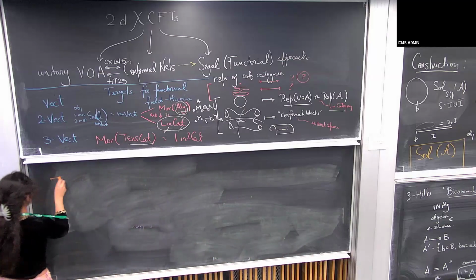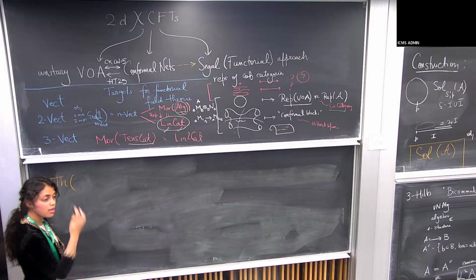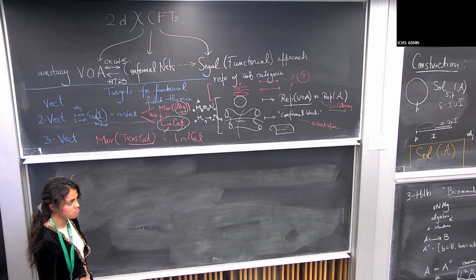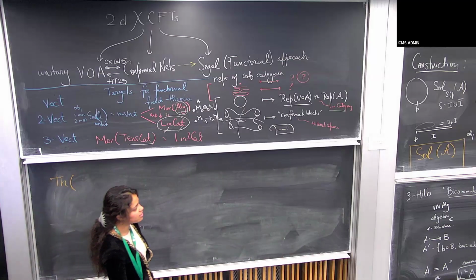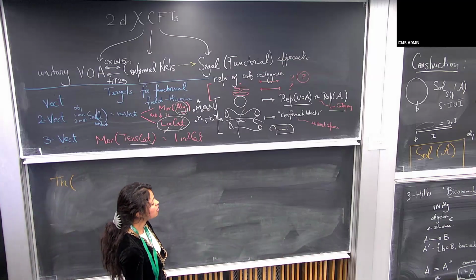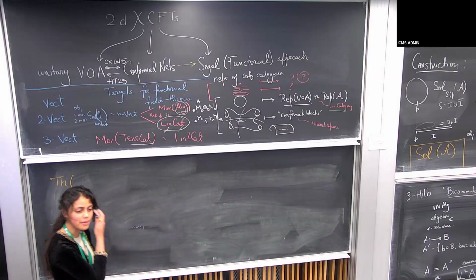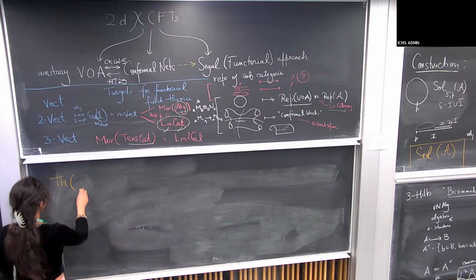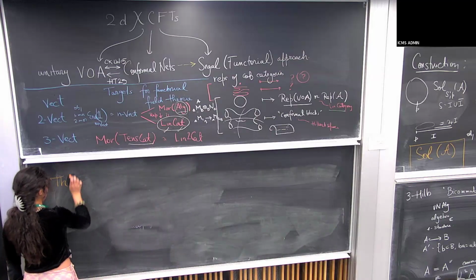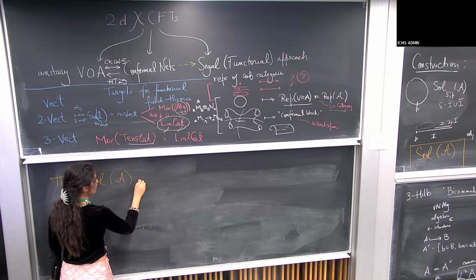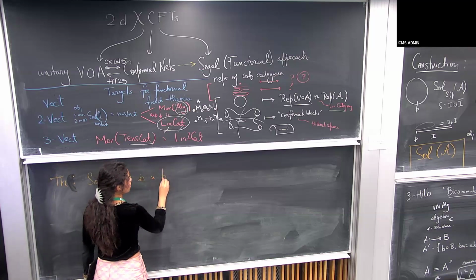What are those examples, for curiosity? Rationality fails for Virasoro at central charge greater than 1, for example. And strong additivity, I think, also fails for some nice examples. It fails for the stress tensor net, but not for the theory itself.